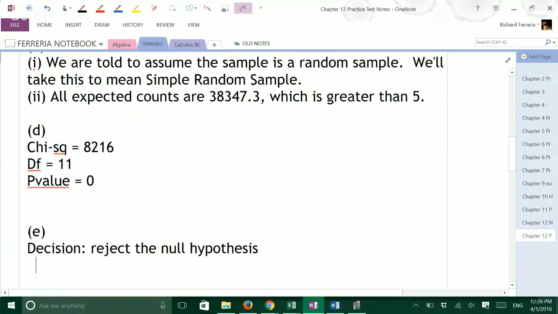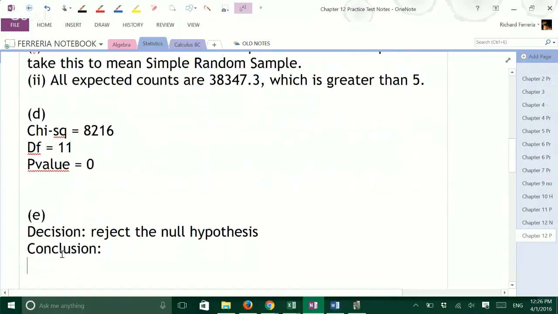Conclusion. Let me see if I can remember the phrase that pays.